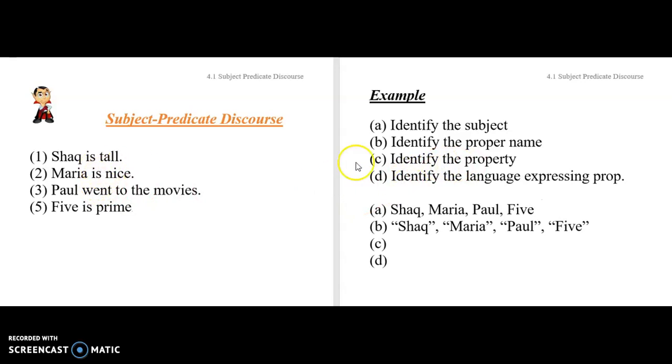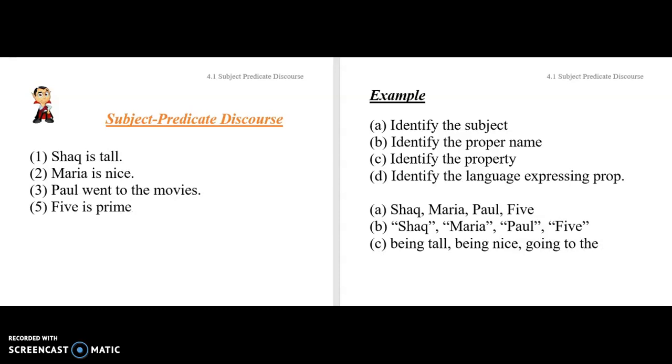Okay, so for C, what I want you to do is identify the property. Now the property of the first one is being tall. It's being that way. The property of the second one is being nice. You know, Maria's being that way, okay? Paul's going to the movies or having gone to the movies. All right, I'll just put going to the movies.